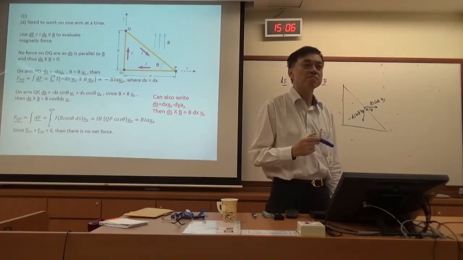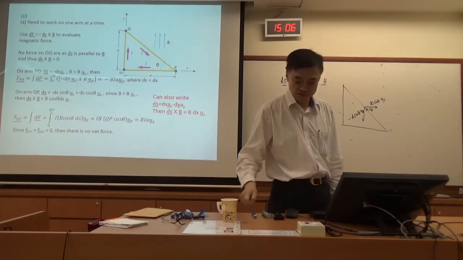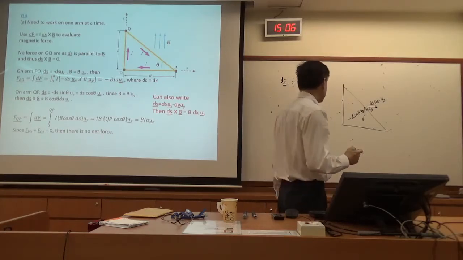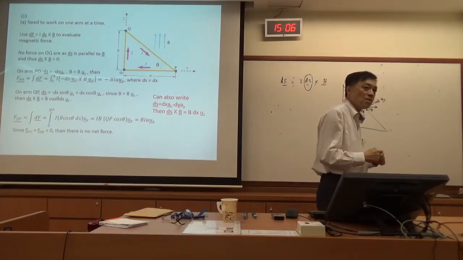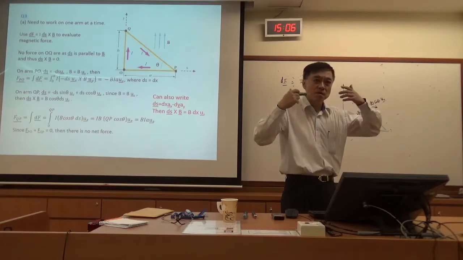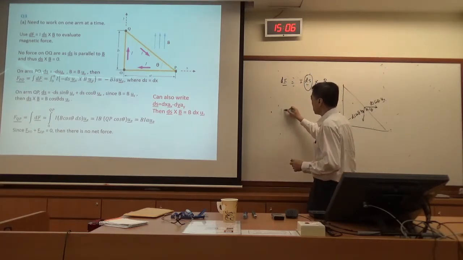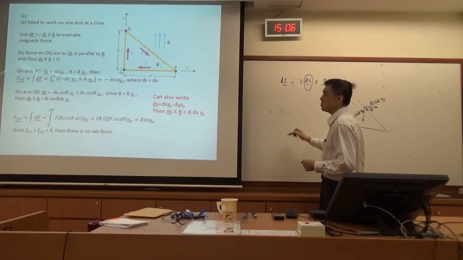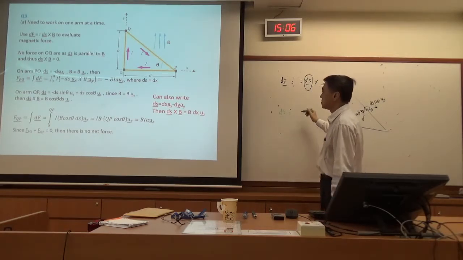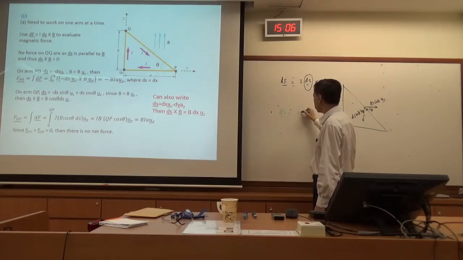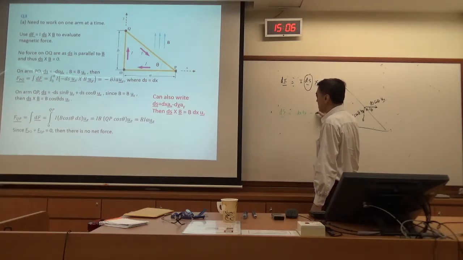But actually, you don't have to be so troublesome, because remember, we can also do it using our general terms. In general terms, ds is equal to dx ax minus dy ay.